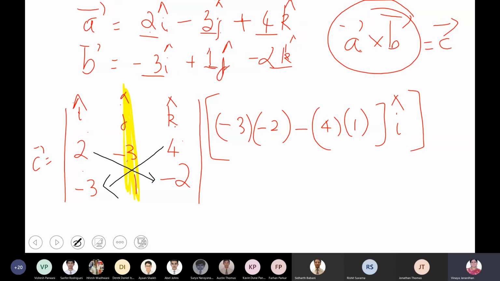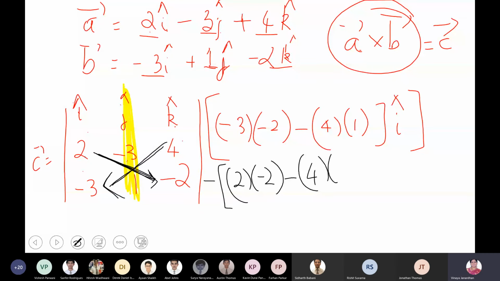So when I go for J cap, it should be negative of, right? So 2 into minus 2. Can you see this arrow, boys? 2 into minus 2 minus of 4 into minus 3, J cap.